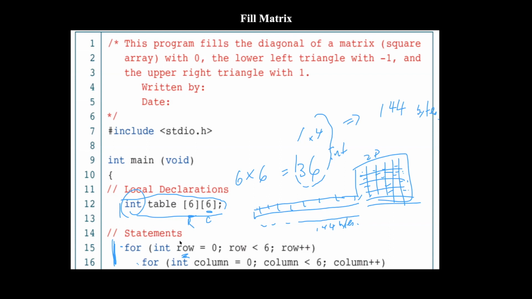You write this nested for loop starting with index 0 all the way to 5, because 5 is less than 6. You do the same thing with columns because this is a square table, 6 by 6, with the standard initialization, conditional, and increment as part of your for loop syntax.